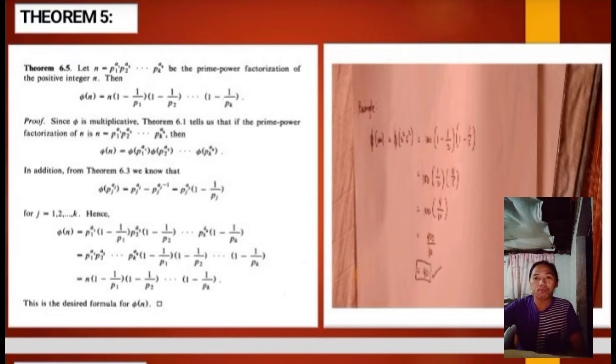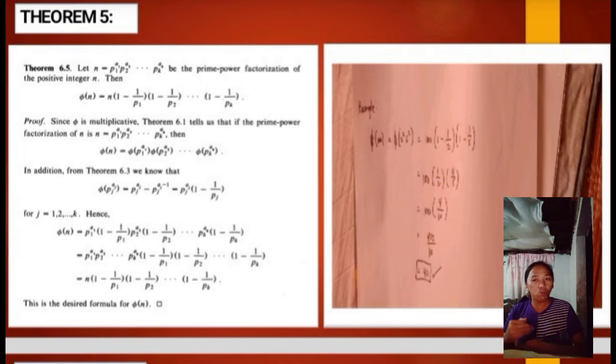Hence, phi of n is equal to p sub 1 raised to a sub 1 times (1 minus 1 over p sub 1), multiplied by p sub 2 raised to a sub 2 times (1 minus 1 over p sub 2), all the way to p sub k raised to a sub k times (1 minus 1 over p sub k).